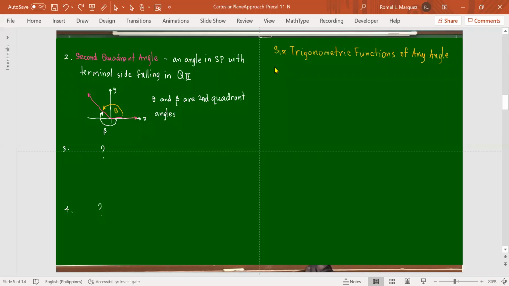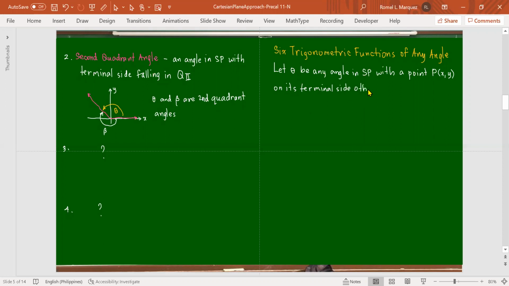So let theta be any angle in standard position, SP meaning standard position, with a point denoted by P, coordinates X and Y, on its terminal side, other than the origin.